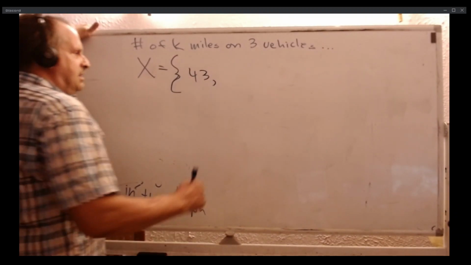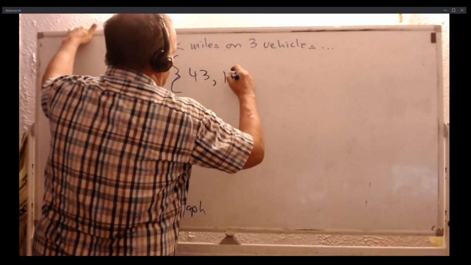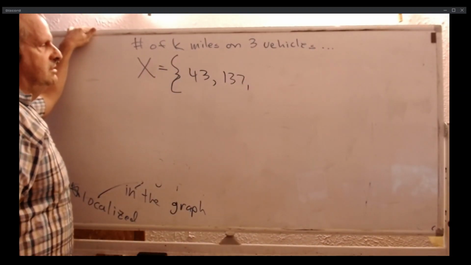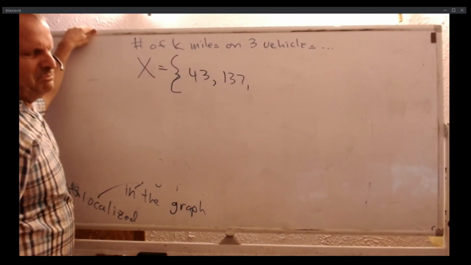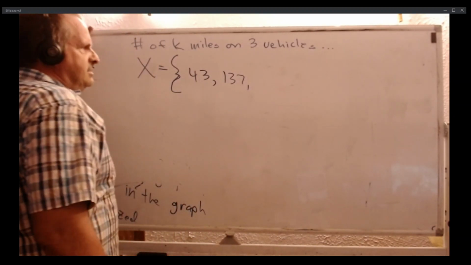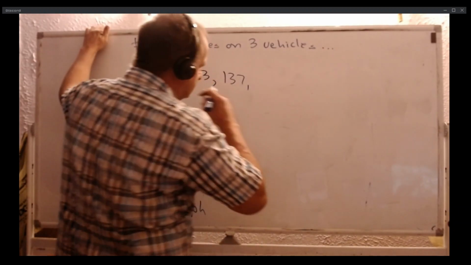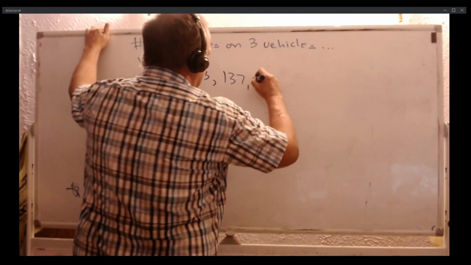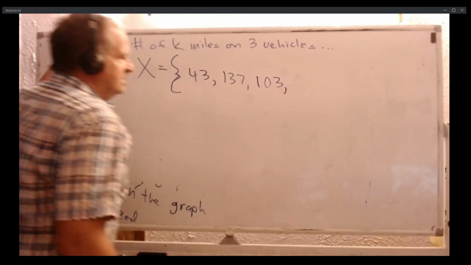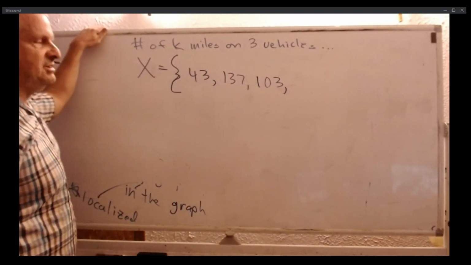The Jeep has probably 137,000. You put on a lot of miles when you're out in the country. The truck has, I think it's like 103,000 because we don't drive it that much. Okay, who wants to go first?